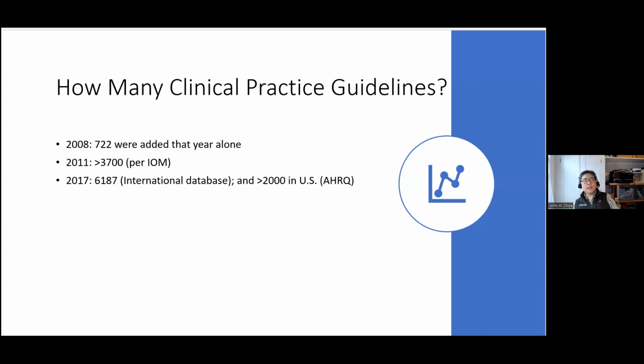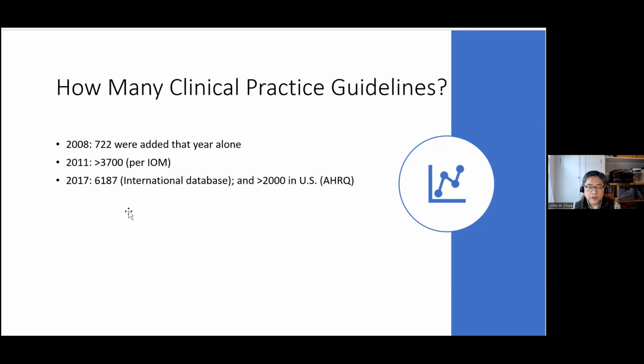Okay, so how many clinical practice guidelines are out there? I literally could not find the answer to this question. I'll come back to why we can't find the answer, but just a few statistics. In 2008, some group counted and found about 722 clinical practice guidelines added to the literature that year.